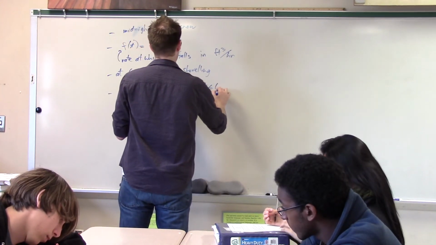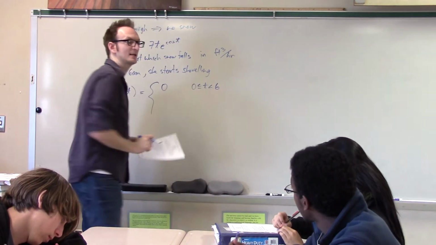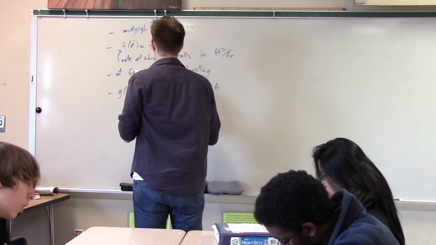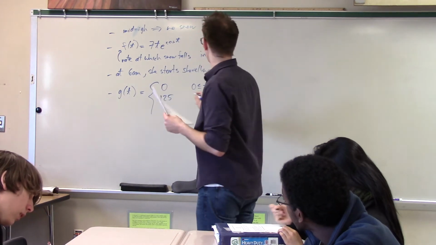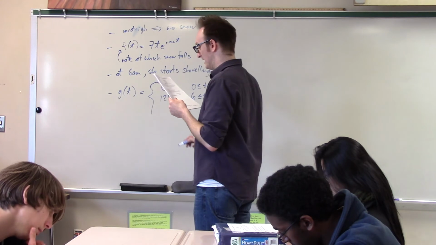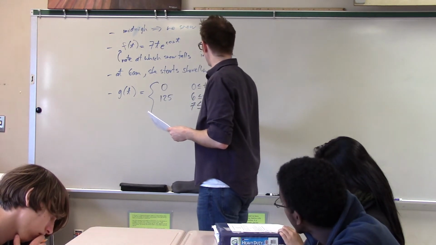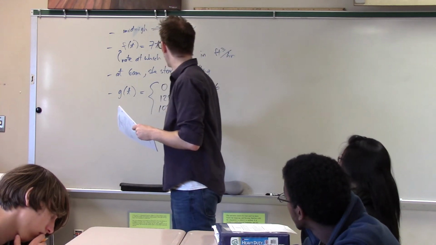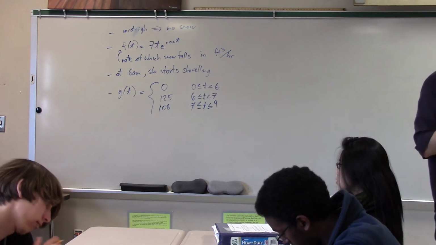She doesn't start shoveling until 6 a.m. Then she shovels pretty hard for about an hour, at a rate of 125 cubic feet per minute for the first hour, and then she continues shoveling until 9 a.m., but less quickly. Now she only shovels 108. Has everyone got that? That's pretty clear from the problem, right?